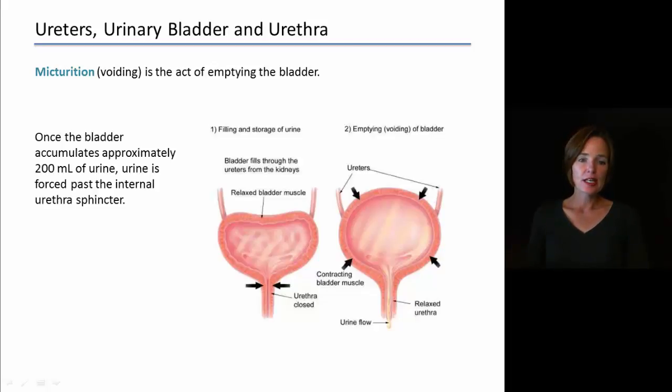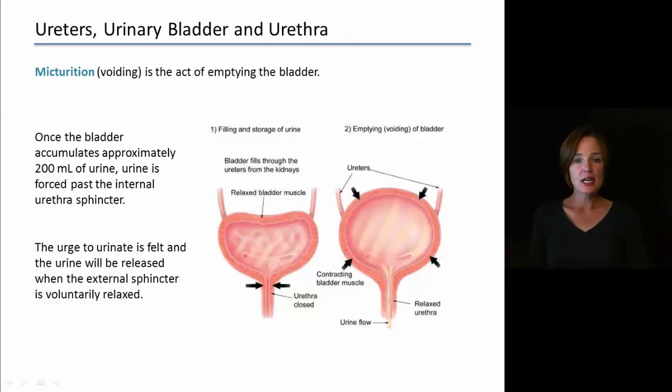When the bladder accumulates enough urine, approximately 200 milliliters, the urine is going to be forced past the internal urethral sphincter. So we have two different sphincters that control the urine flowing out of the bladder. The internal urethral sphincter is involuntarily controlled. When we reach a certain capacity, this one is going to open and urine is going to start to flow down.